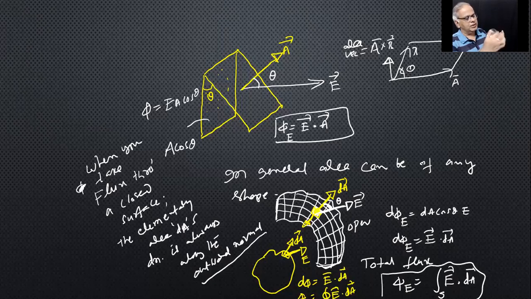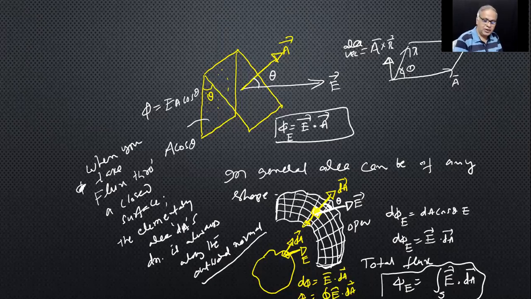If I take dA this side, it is the same dA, but now the direction should be taken along the outward normal like this. E dot dA you'll find out here, and integrated over the whole surface, you'll get the flux through the whole surface. So that's what I meant by the algebra of the flux.